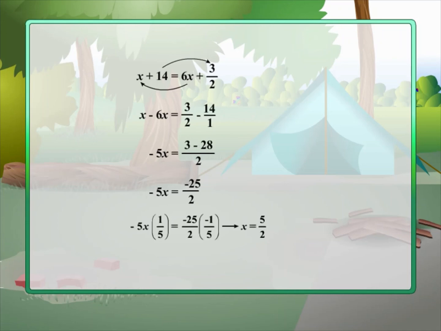Now multiply by minus 1 divided by 5 on both sides. On the left-hand side, we have 5 and 5 cancelled, and minus into minus will be plus. On the right-hand side, 25 can be cancelled by 5 times, and minus into minus is plus. Therefore, x is equal to 5 divided by 2 is the solution of the equation.